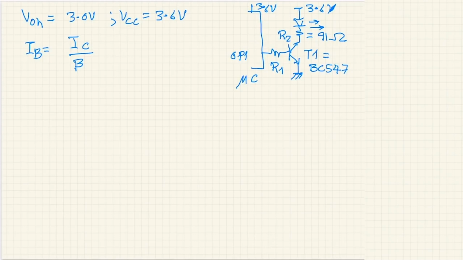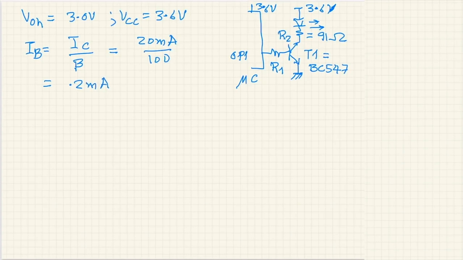BC547 is available in many varieties, and the simplest version of this transistor has a beta of about 100, and so the base current that we require will be 20 milliamperes divided by 100, which turns out to be 0.2 milliampere.